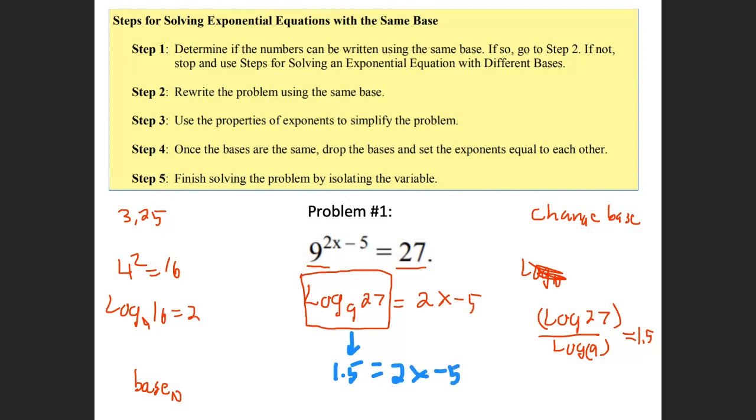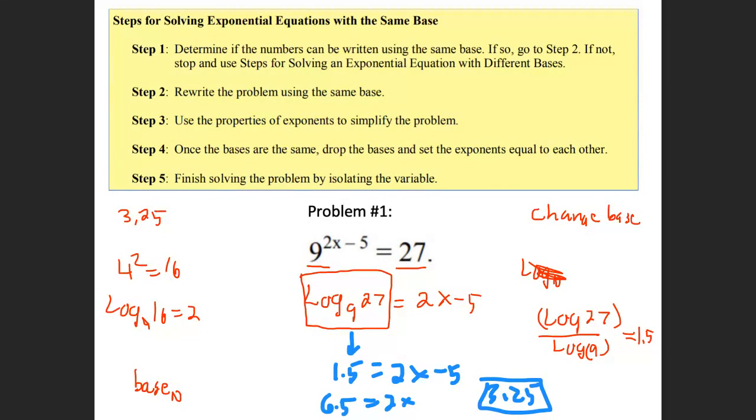Now, if I add 5 to both sides, I end up with 6.5 is equal to 2x. Divide through by 2, guess what? I get 3.25. So I got the same answer solving the exponent two different ways. First I got the base to be the same, and when the bases are the same, we just set the exponents equal, or I changed to a logarithm, and I get the same answer regardless.